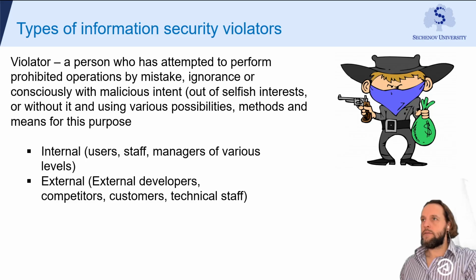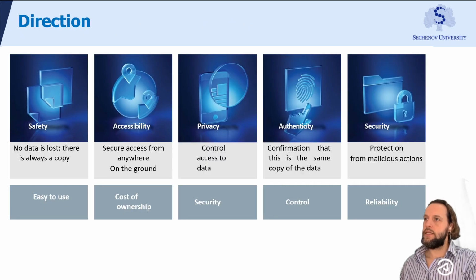A violator in security will be a person who has attempted to perform prohibited operations by mistake, ignorance, or consciously with malicious intent. And these persons could be also divided into internal, our users, staff members, managers, and so on, and external, for example, external developers of the software, competitors, customers, technical staff, and others.